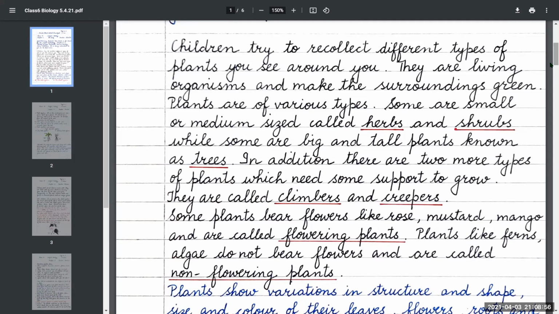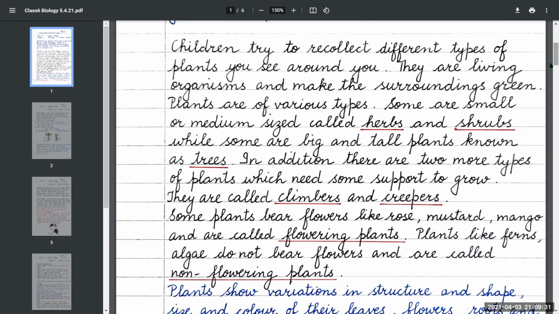Some are small or medium sized, called herbs and shrubs, while some are big and tall plants known as trees. In addition, there are two more types of plants which need some support to grow. They are called climbers and creepers.